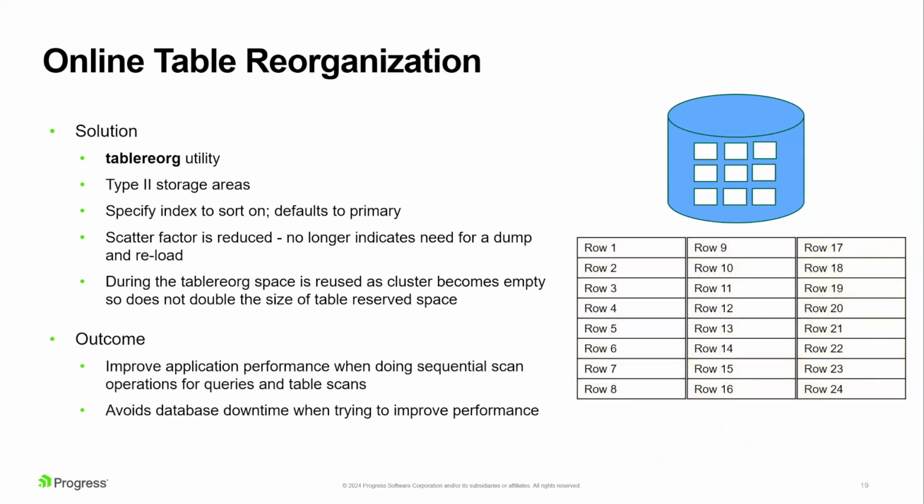So the outcome of this new utility is that you can improve application performance when doing your sequential scan operations for both queries and table scans, and it also avoids database downtime while you're working to improve performance.